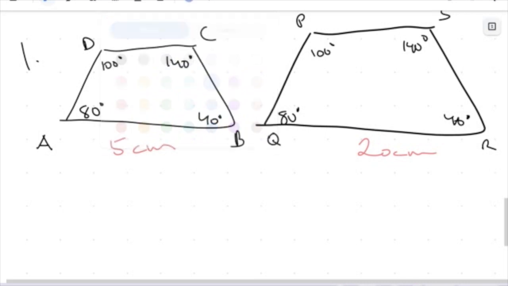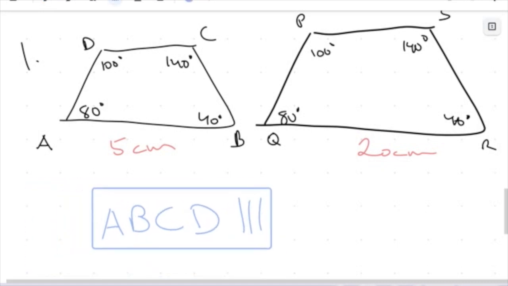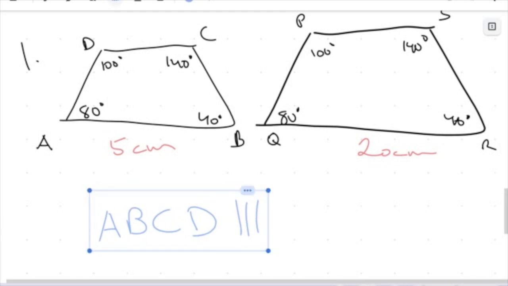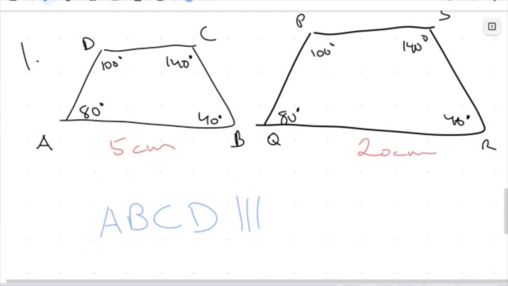So to say these are similar, the notation I use is I'm going to say my trapezium A, B, C, D. And the symbol for similarity is similar to congruence. We have these three lines once again, but they are vertical instead of horizontal, so that means that they're telling us something different. We're no longer talking about congruence, we are talking about similarity.